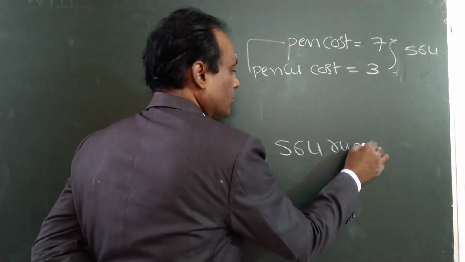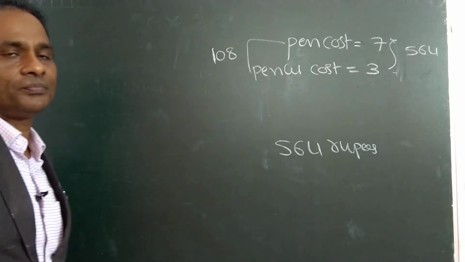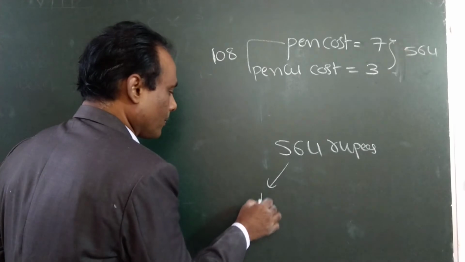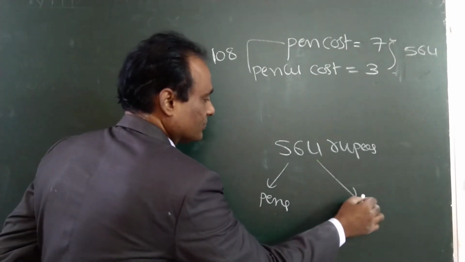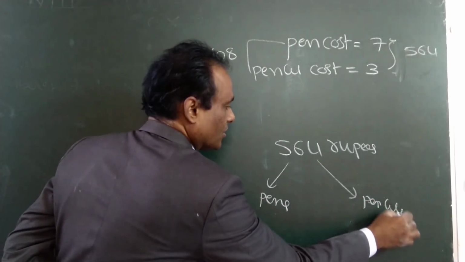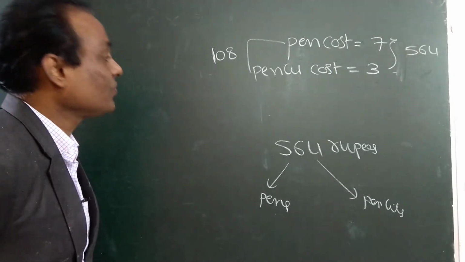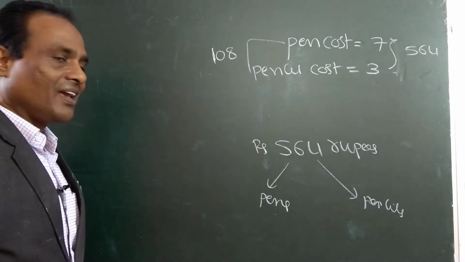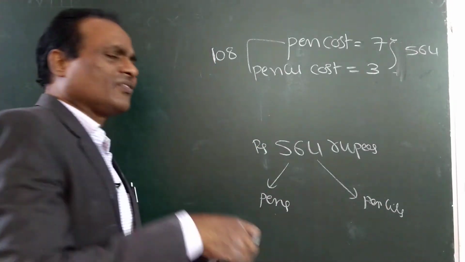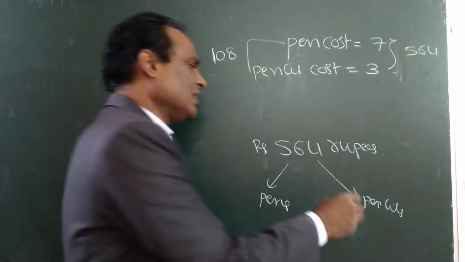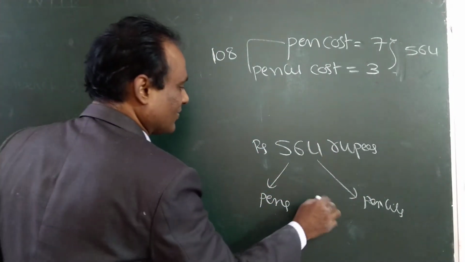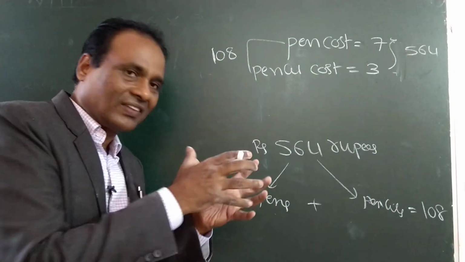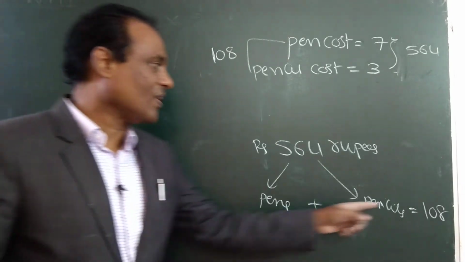We purchase pens and pencils out of this money. You purchase some pens and some pencils, but the total number of pens and pencils should be 108.